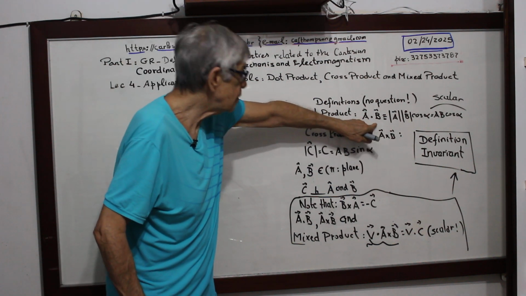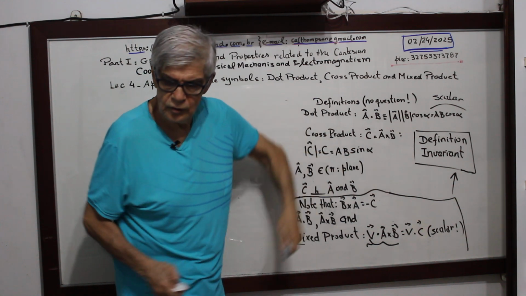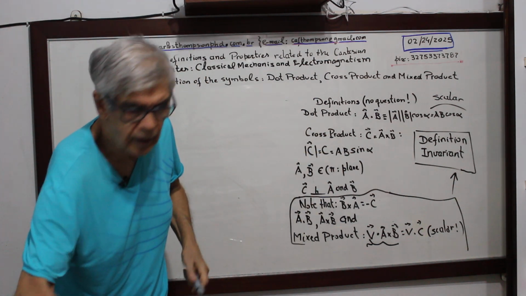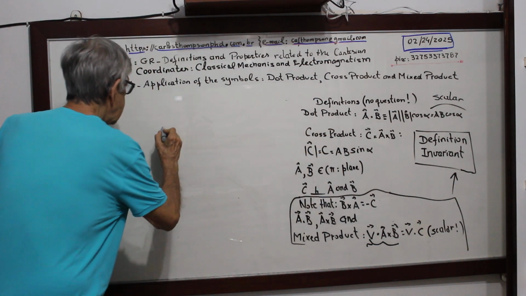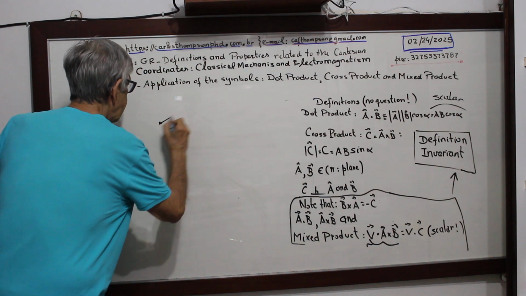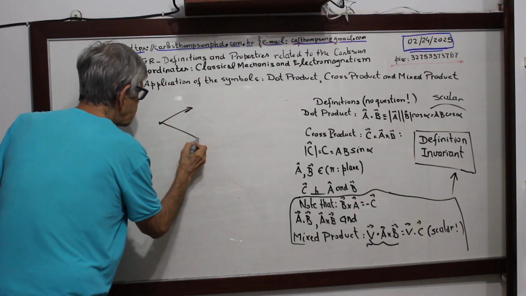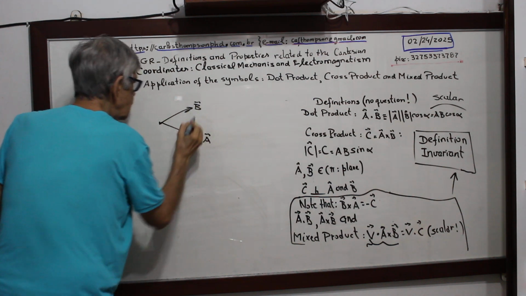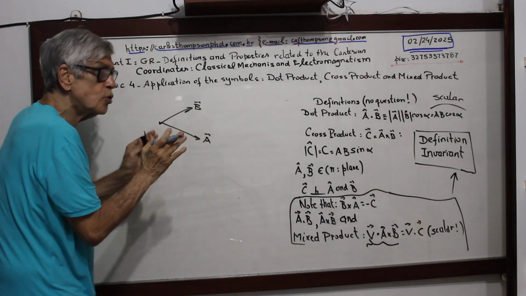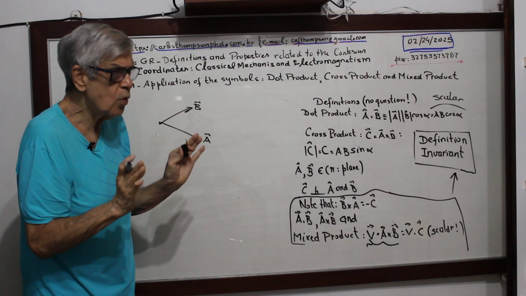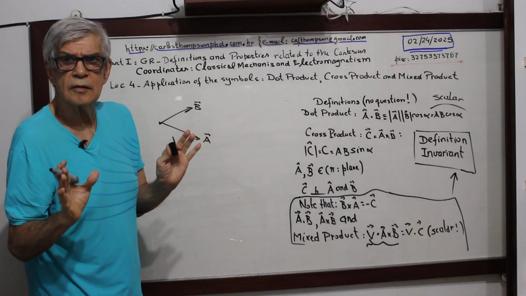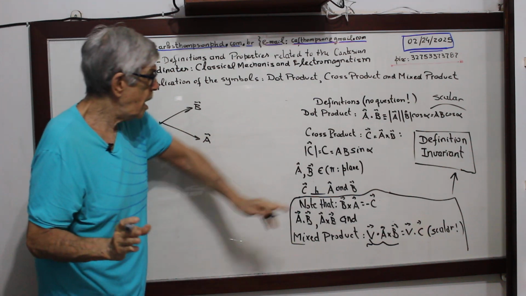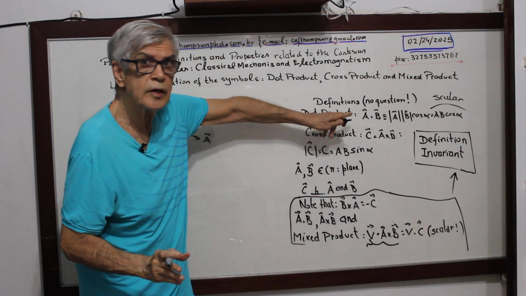The dot product of two vectors A and B. Here I don't show the coordinates. Doesn't matter. I don't talk about coordinates over here.